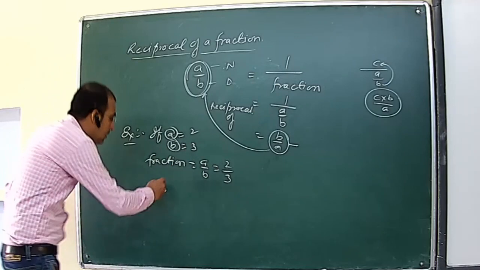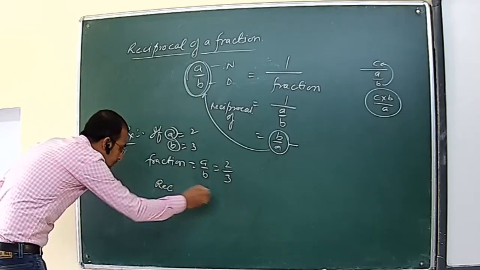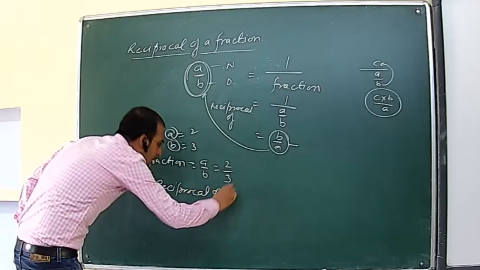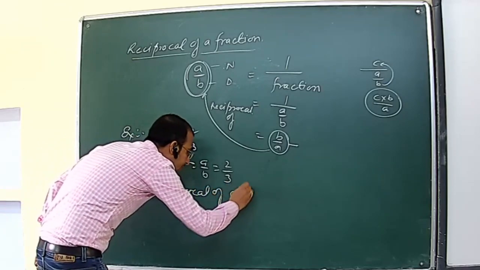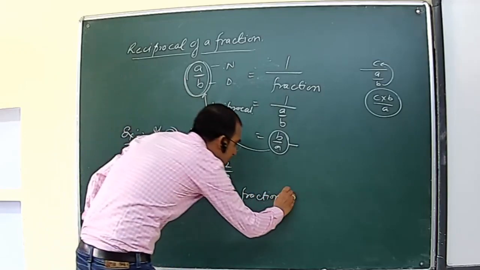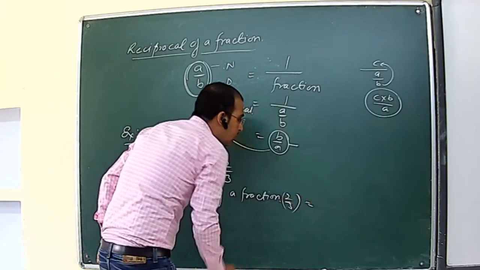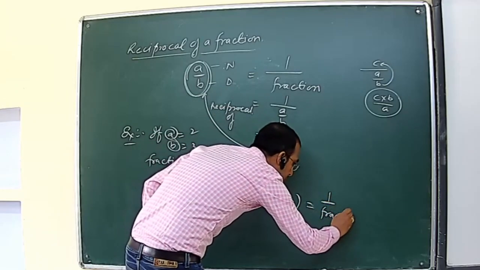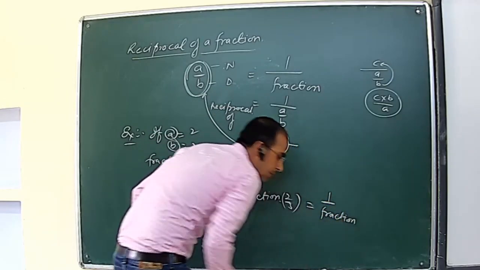It means that the reciprocal of the fraction 2 by 3 will equal 1 upon the fraction.